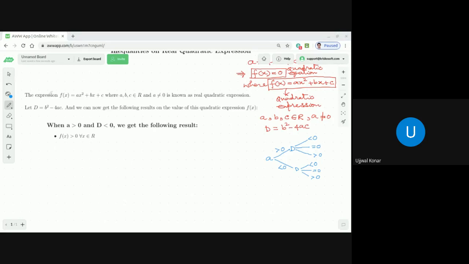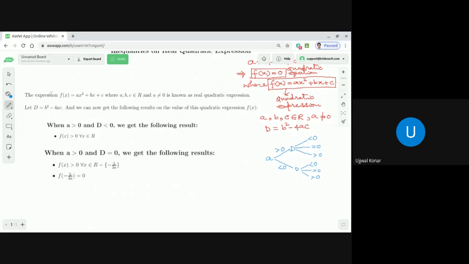Second case, dear students, is when a is greater than 0 and d is equal to 0. What are we going to get? We are going to get that f(x) is greater than 0 except for the point minus b by 2a.